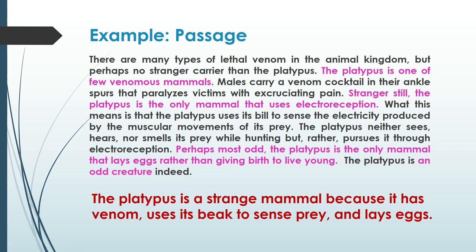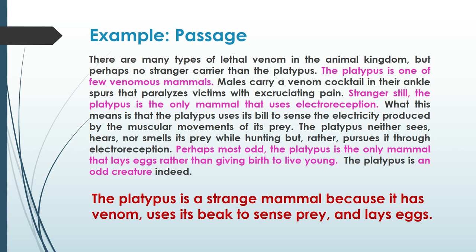I thought that the initial idea is in these two lines, but the next line makes me even more focused on the main idea, or the controlling idea. Now, what is that? The platypus is one of few venomous mammals. Now, this gives me an even more controlling, specific idea, which the previous two lines only talk about. This is focused.